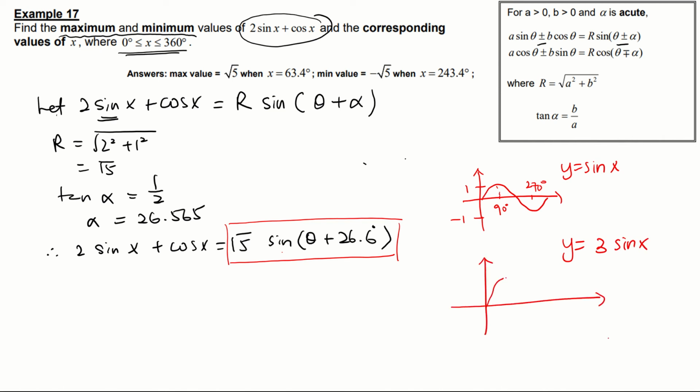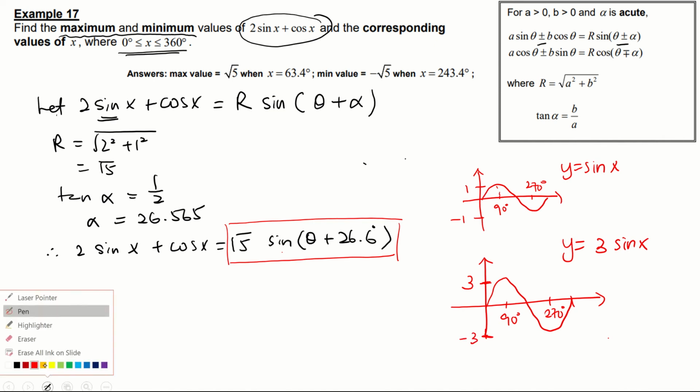My graph will still look like that, and the maximum will still happen at 90 degrees and the minimum at 270 degrees, but my maximum value will now become 3 and my minimum value will now become minus 3.